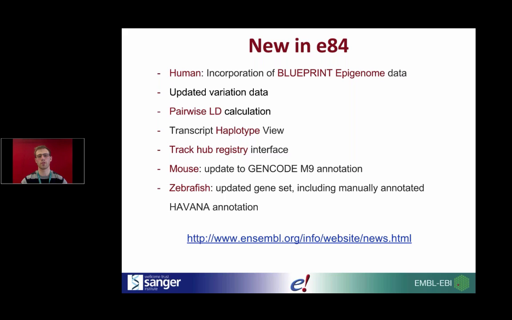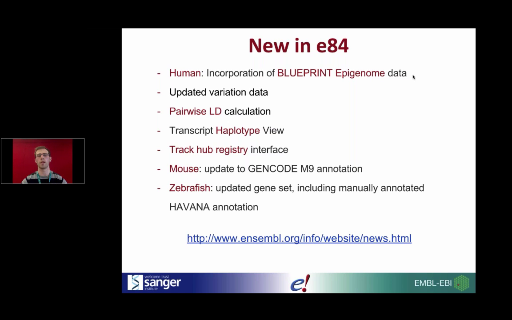So now I want to move on to all of the new features that we have in Ensembl 84. Here I have just a few of the headlines. If you're more interested in all of the updates that we do have in Ensembl 84, then you can find all of the updates with a description using the URL at the bottom. But just to run through the main highlights of Ensembl 84, firstly we have the incorporation of BLUEPRINT epigenome data, and this is for humans.